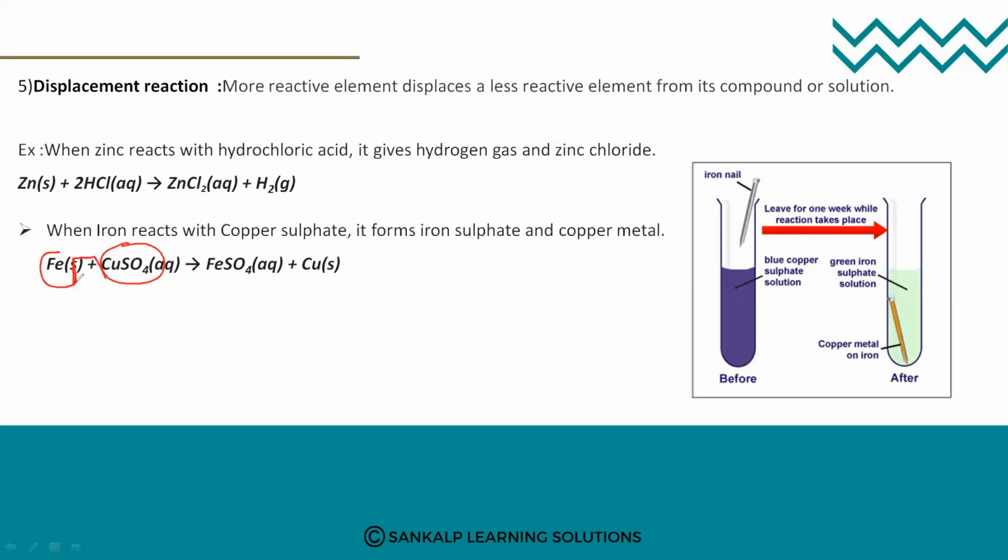Here, Fe is getting exchanged with the copper in copper sulfate, forming FeSO4. So only one single displacement is taking place, and it is called a displacement reaction.